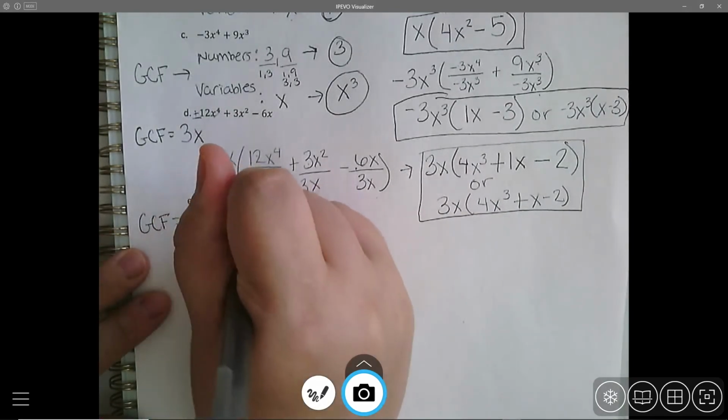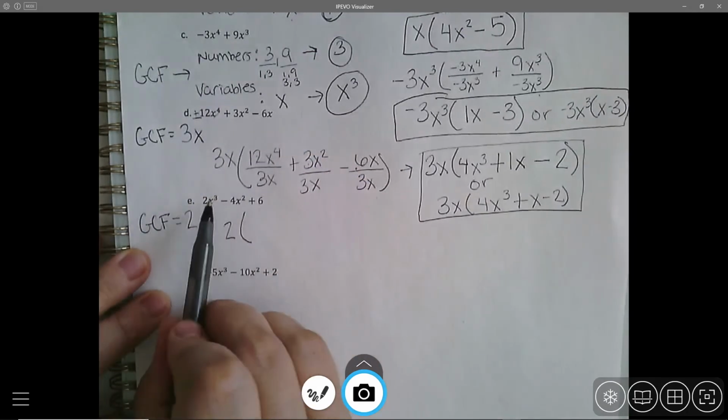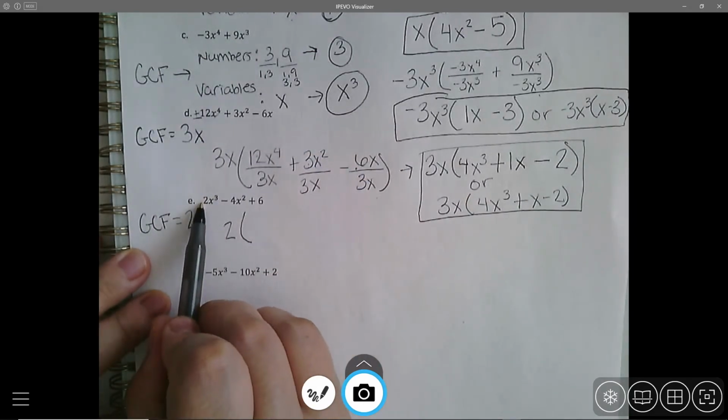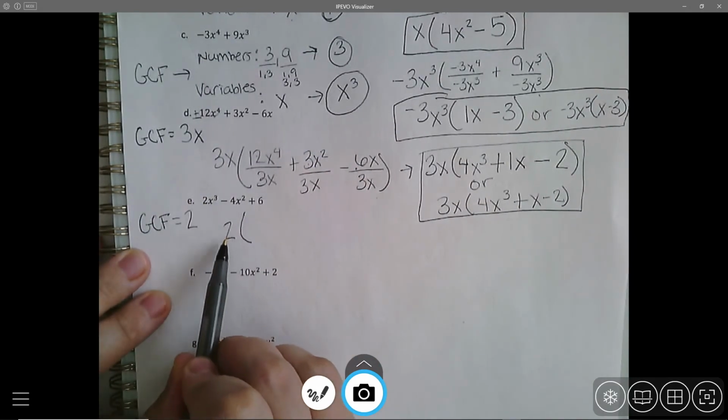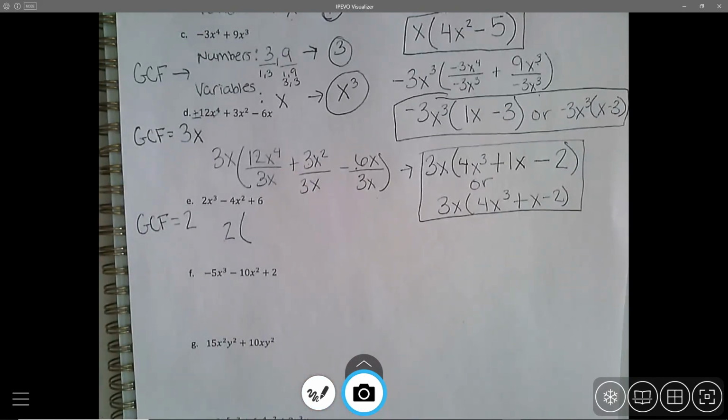So I'm going to take 2, and since my biggest exponent has a positive in front, I don't need to make this a negative. You only make your GCF negative when the coefficient in front of your highest exponent is negative.